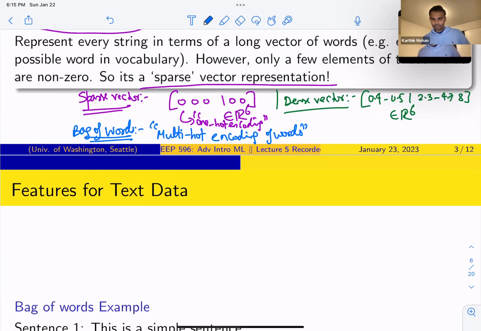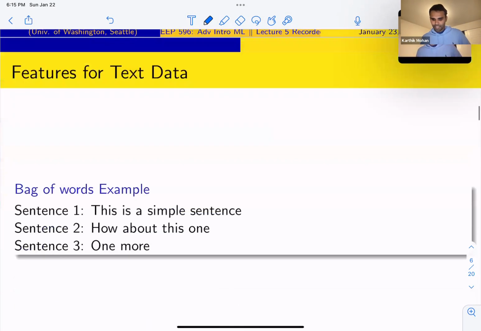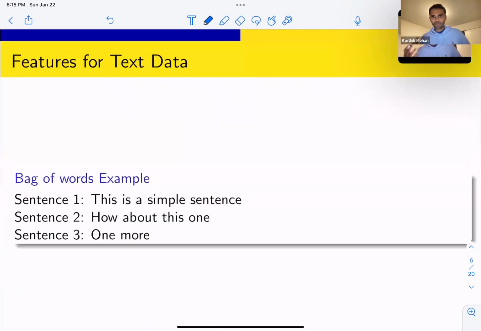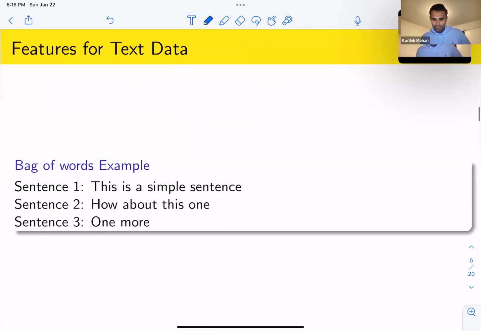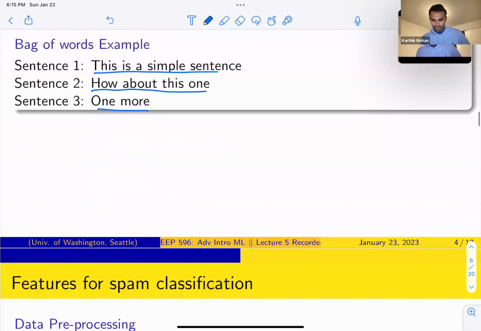Why multi-hot? We'll see that in a bit. But it's a natural extension of one-hot encoding. So let's take an example. So let's say there are 3 sentences. This is a simple sentence. The second sentence was how about this one, and sentence 3 is one more.